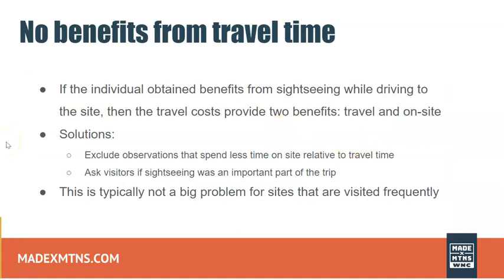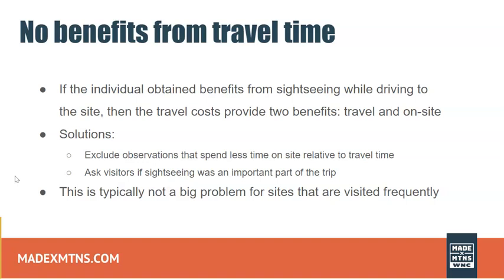Okay, so in terms of solutions, you could again exclude observations that maybe spend less time on site relative to travel time. So if someone's taken 4 hours to get to a recreation site and only spent 1 hour there, then you might think that there's more benefit to travel time.